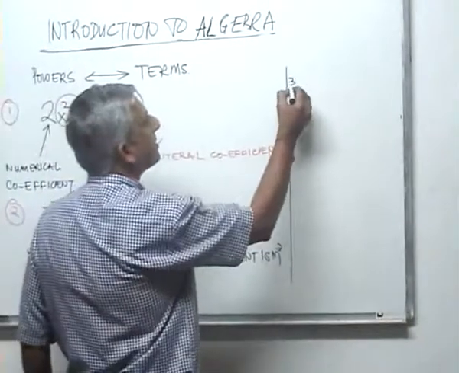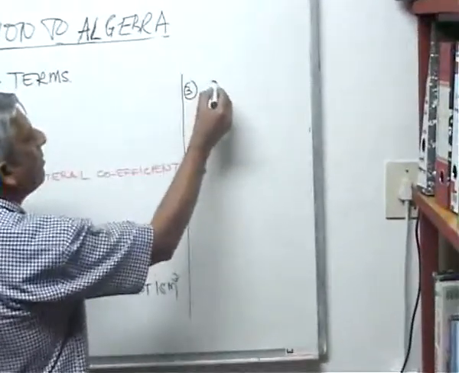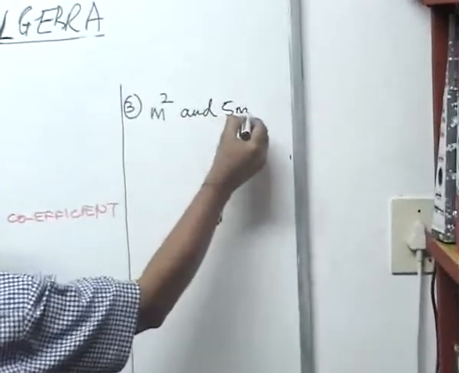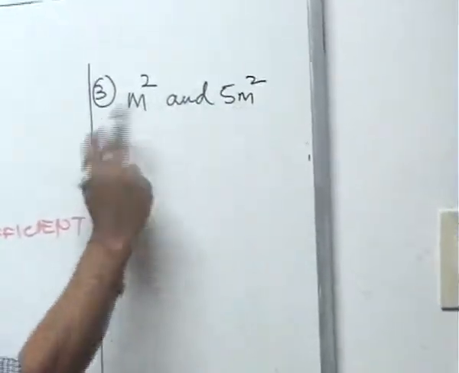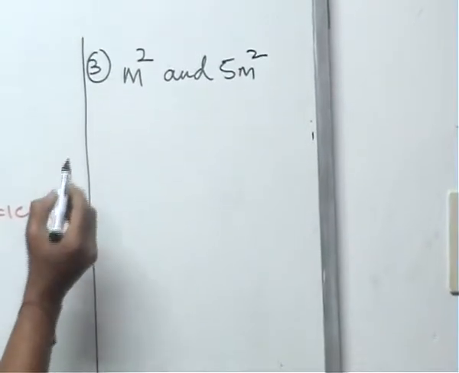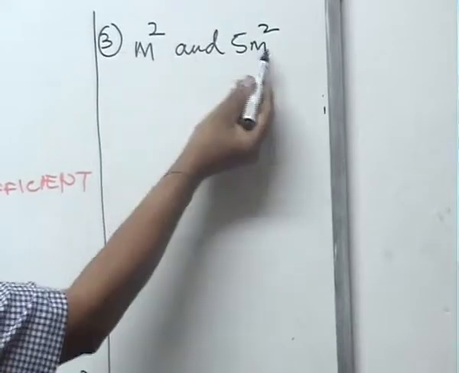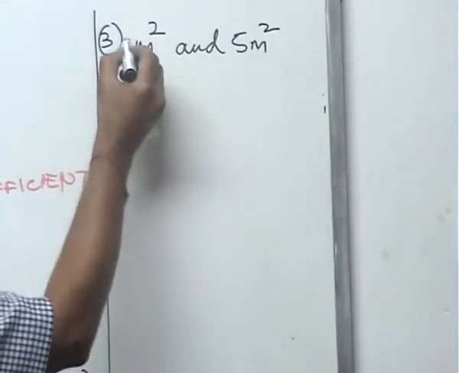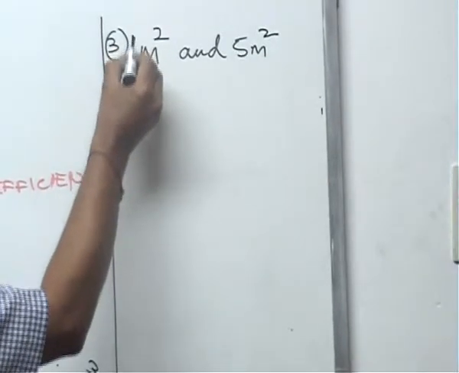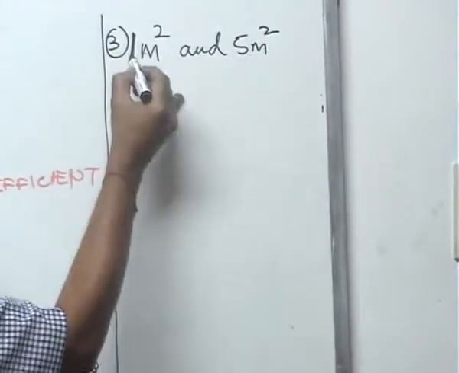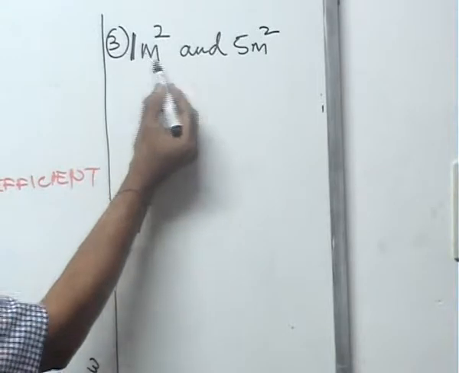So if you take an example like this, if I show you m squared and 5m squared, I'm showing you two different terms. But the powers are exactly the same. Don't worry about the numbers. The number here is 1, the number there is 5. You must concentrate on the powers.